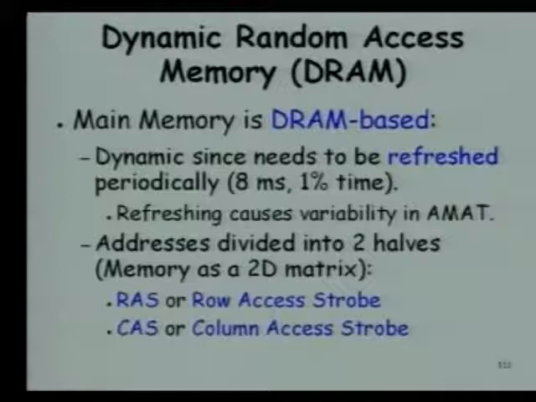And then we had said that since the earlier times, once the memory chips started becoming larger, the address was split into the row address strobe and the column address strobe, and these were multiplexed on the same address lines.